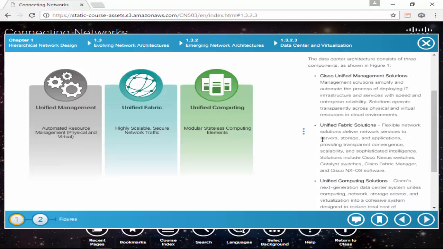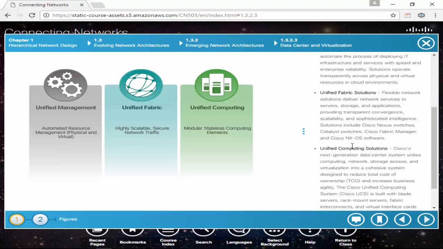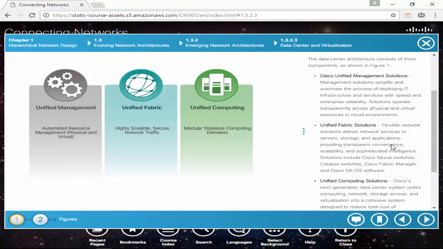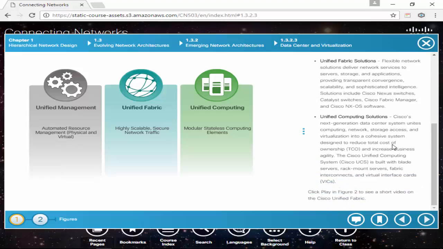Our unified fabric is flexible network solutions that deliver network services to servers, storage, and applications, providing transparent convergence, scalability, and sophisticated intelligence. Solutions include Cisco Nexus switches, Catalyst switches, Cisco Fabric Manager, and Cisco NX-OS software.